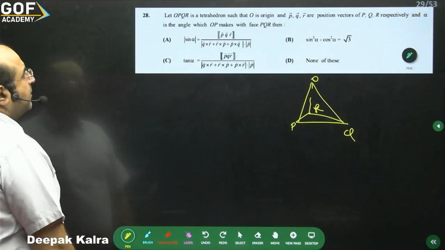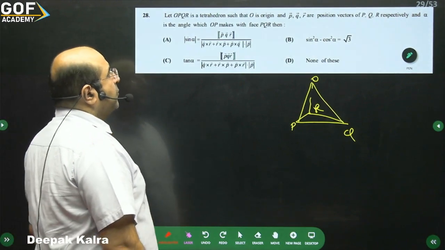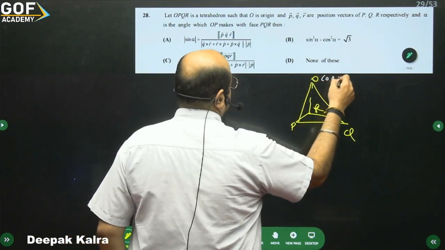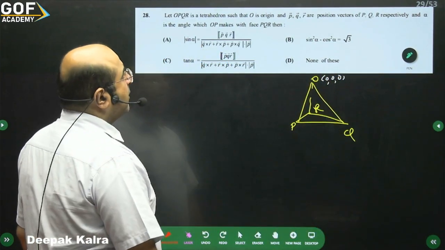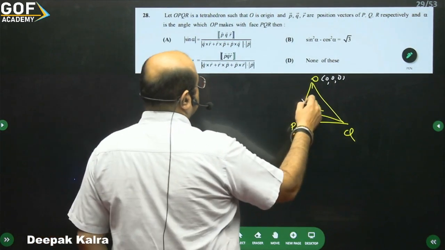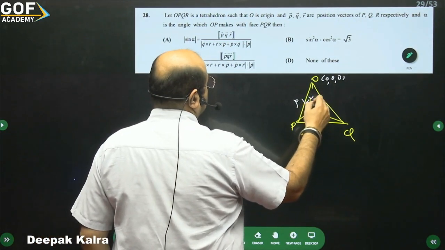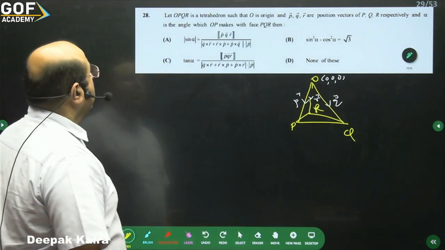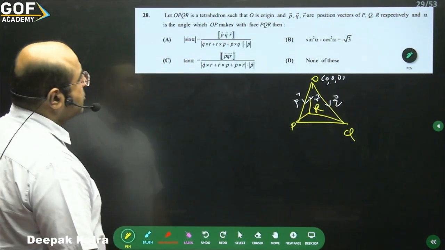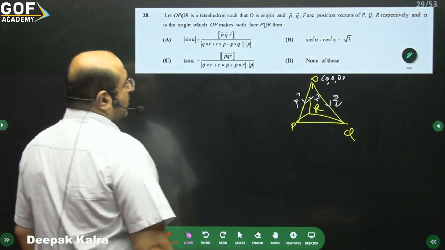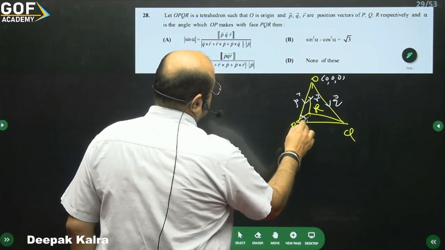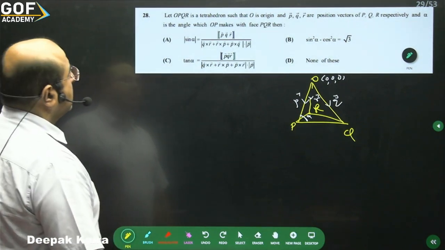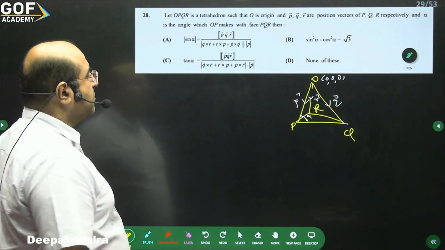O is origin. Okay. P, Q, and R are the position vectors of P, Q, and R. Alpha is the angle which OP makes with the face PQR, right? Understood.